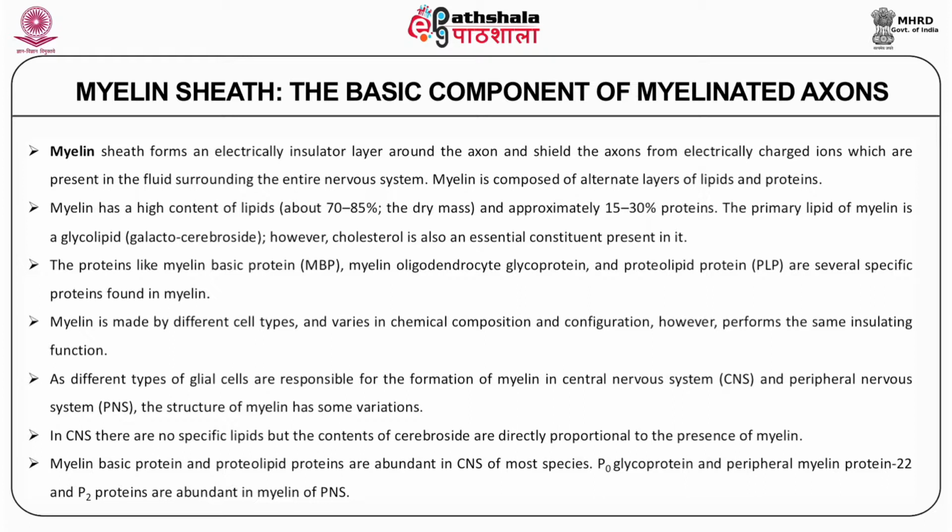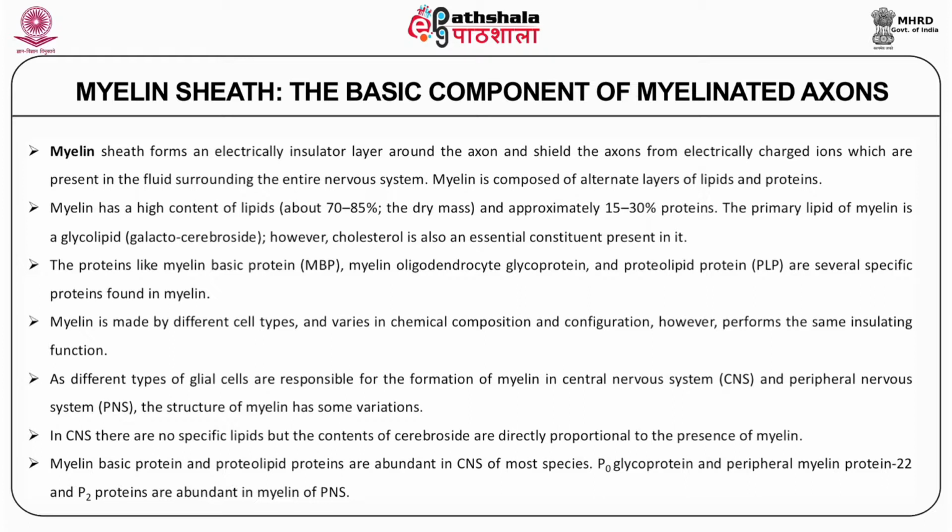Myelin is made by different types of cells and varies in chemical composition and configuration. However, it performs the same function, which is the insulating function for axons. As different types of glial cells are responsible for formation of myelin in the central nervous system and in the peripheral nervous system, the structure of myelin has some variations.